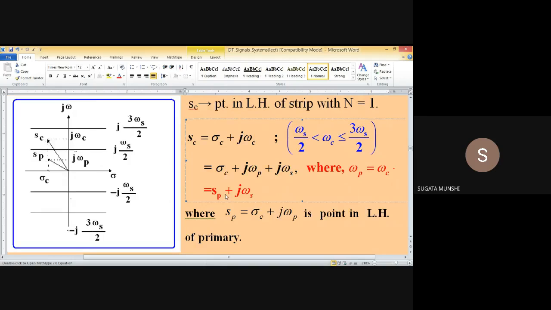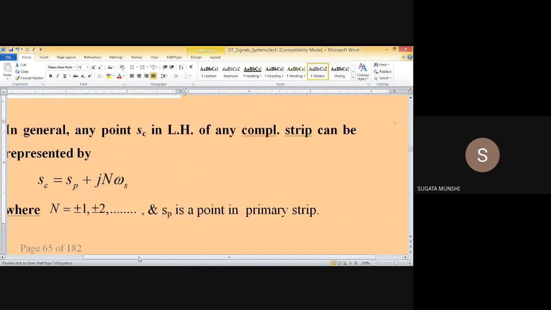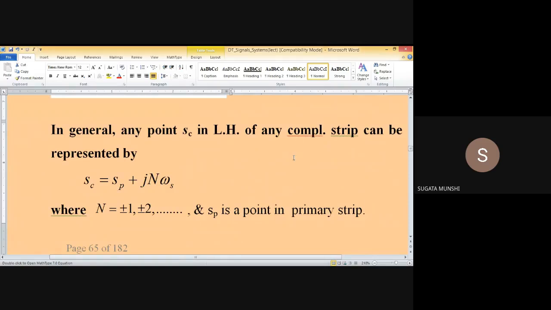Now, if you generalize, I am considering the general case where n can take on values of plus minus 1, plus minus 2, etc. For any such point SC in any one of the left half of the complementary strips, SC can be expressed as SP plus jn omega s.